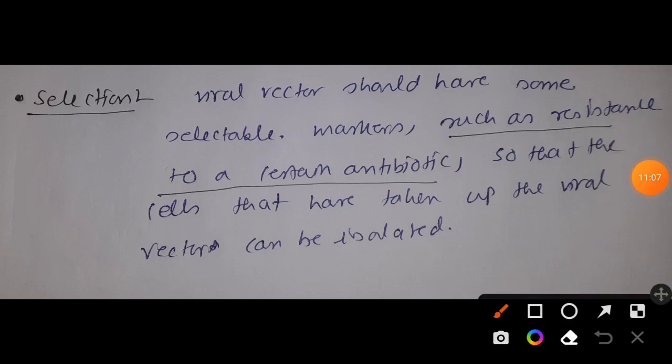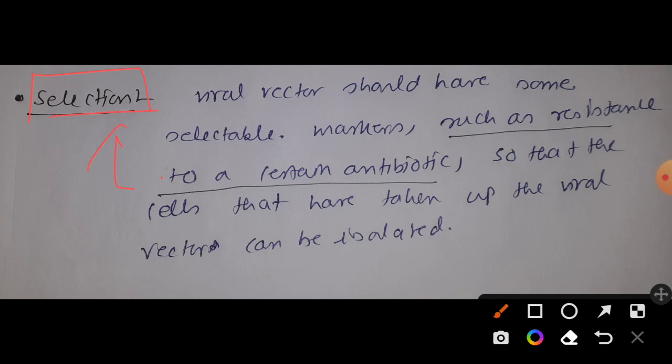Then the last one is selection. That is quite similar to what we have discussed in the case of other vectors. Selection criteria means the virus should have an appropriate selection marker, which can be an antibiotic resistance gene, that will ensure the presence of cells that contain the viral vector along with the gene of interest.